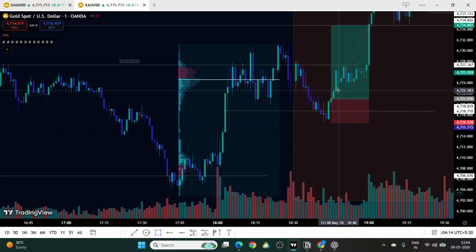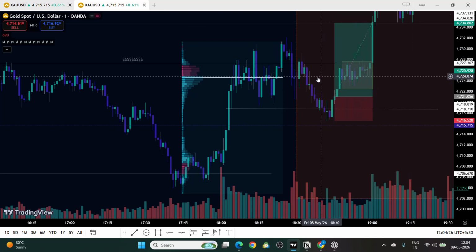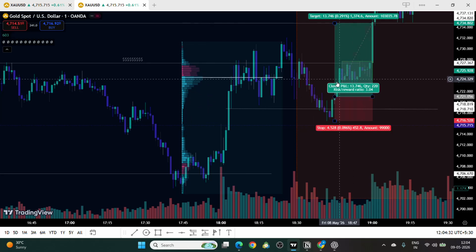From here till here, the market goes slowly because this is the point of control, the high volume node. Looking at this, I can say this is the point of control. The market will move slowly, and traders will be trapped in this.